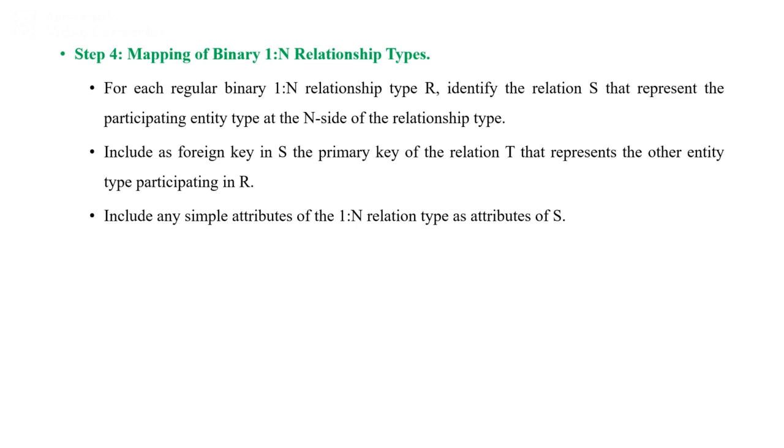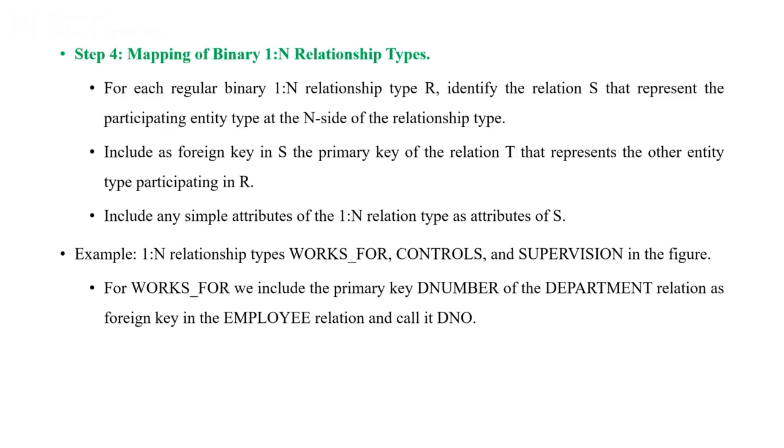Therefore, we represent it as the n side of the relationship type. And on the other side, the entity type that includes the primary key is represented by using a 1. So that is the meaning of the mapping of binary 1:n relationship type.